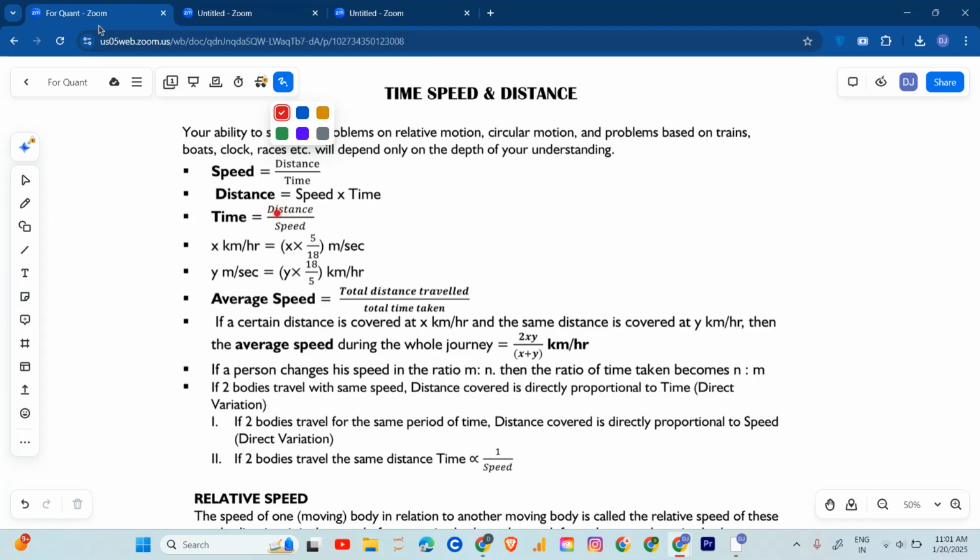So when distance is constant, time will be inversely proportional to speed. Fine. When distance is constant, time is inversely proportional to speed. Okay.